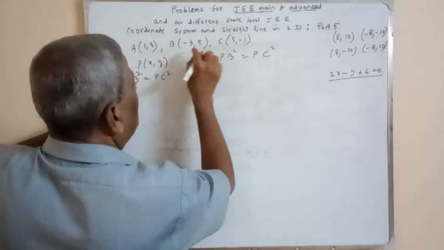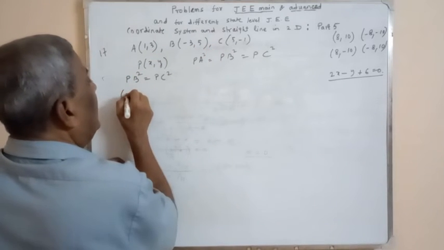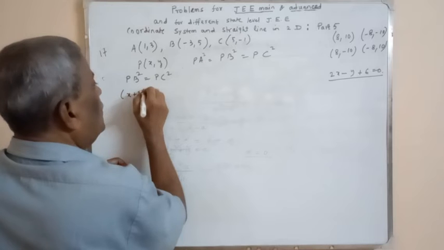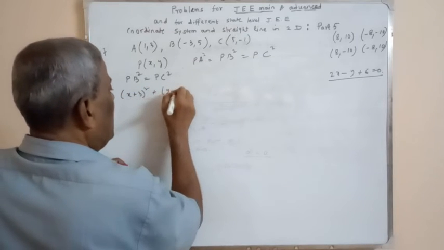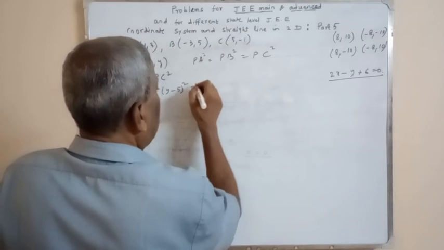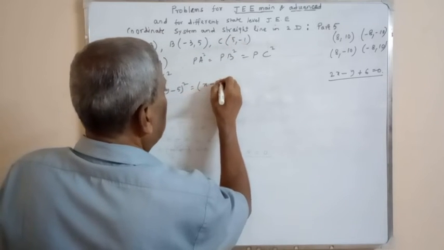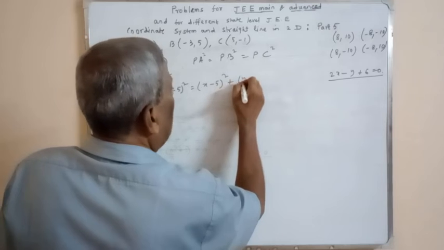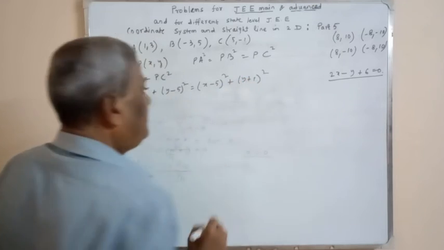P is (x, y), B is that. So (x plus 3) whole square plus (y minus 5) whole square is equal to PC square, means (x minus 5) whole square plus (y plus 1) whole square.